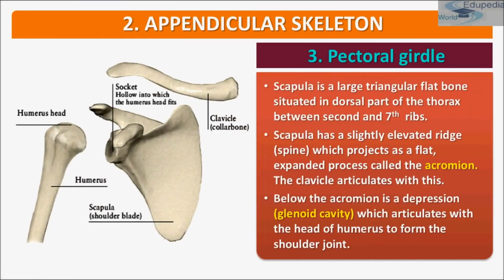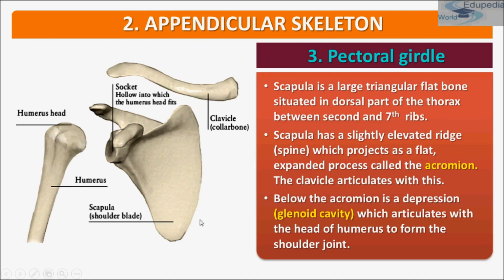This is your scapula, a large triangular flat bone situated in the dorsal part of the thorax between the 2nd and the 7th rib. The 7th rib is your true rib, right? And then comes your scapula.